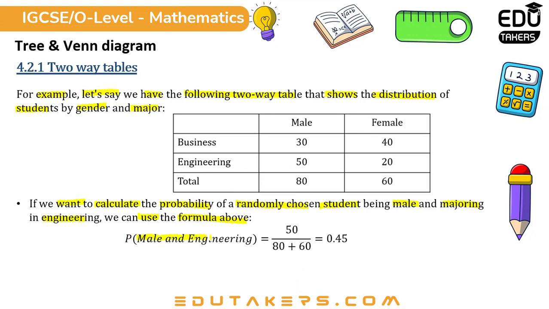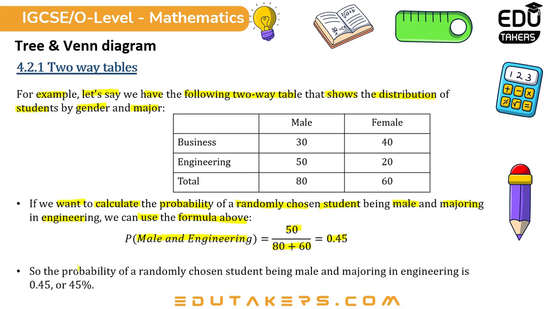Probability of male and engineering equals 50 over 80 plus 60, which is equal to 0.45. So the probability of our randomly chosen student being male and majoring in engineering is 0.45 or 45%.